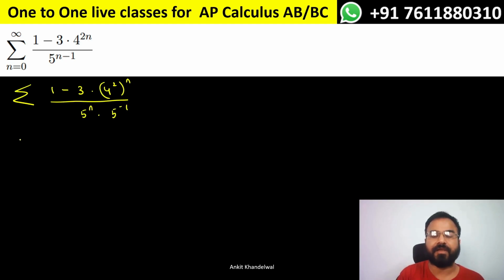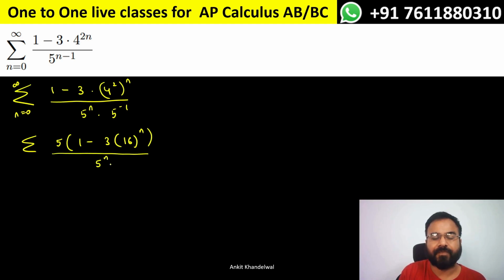Now n goes from 0 to infinity. The 5 power minus 1 will go in the numerator. So it will become 5, 1 minus 3, and 4 square is 16, 16 power n, and then whole divided by 5 power n.